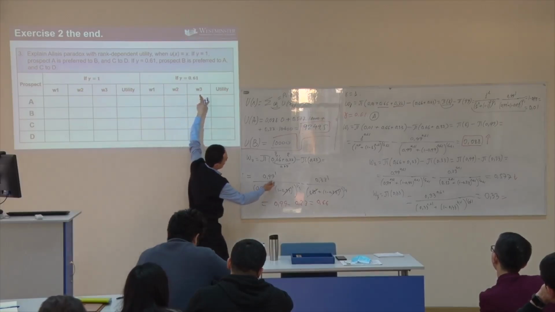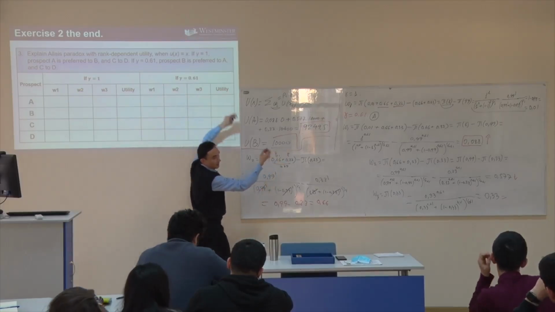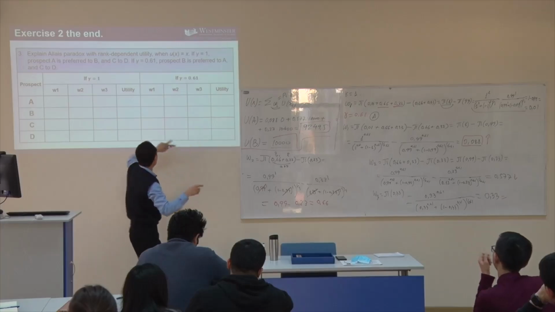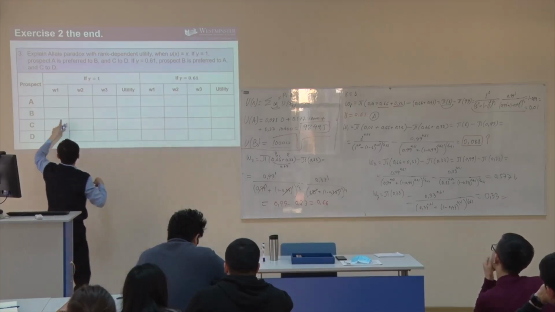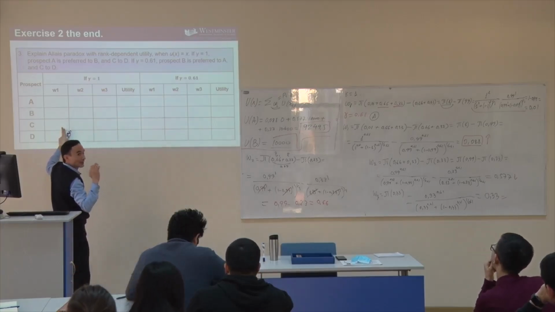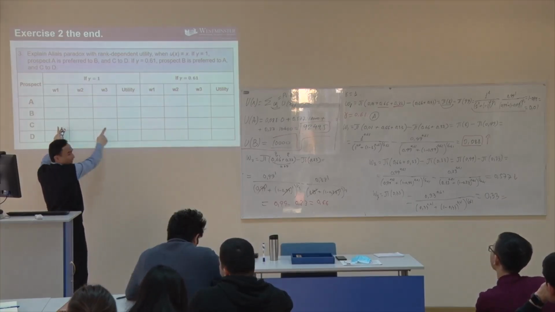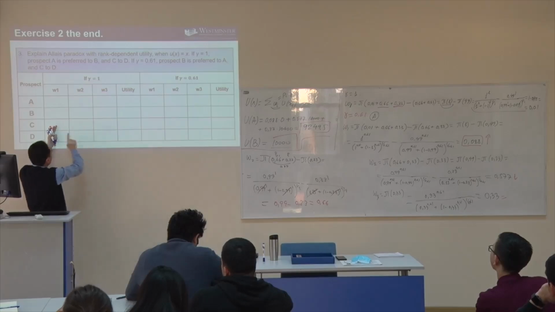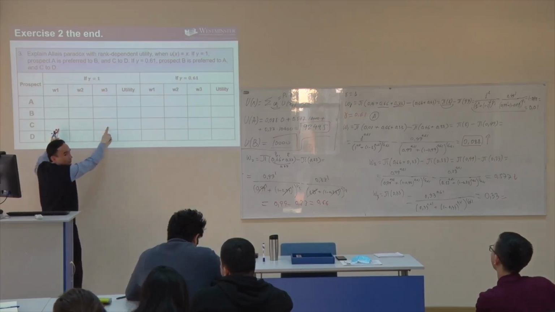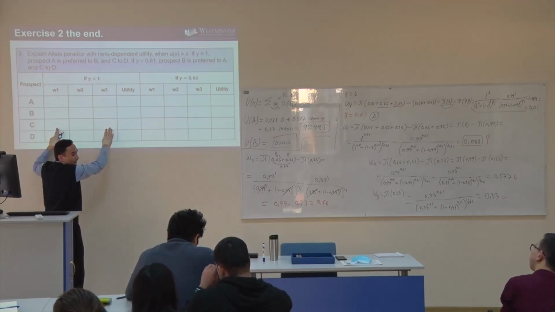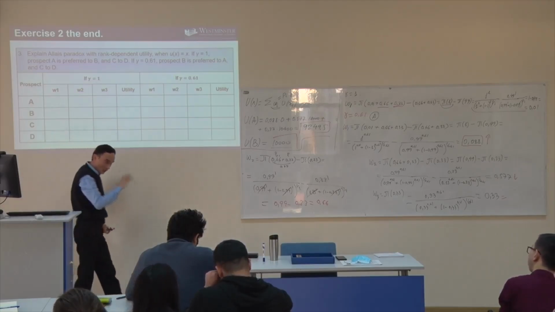In prospect C, we have the 0 case and 10,400. There is no W2. Only 2, okay? So then you can consider this as W1 and this as W2. All right? The worst one and the best one. Yes, worst and best.